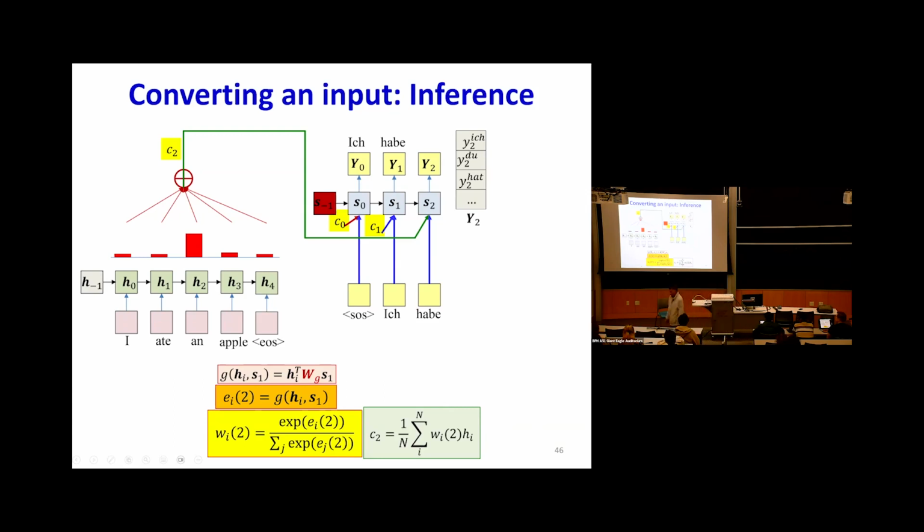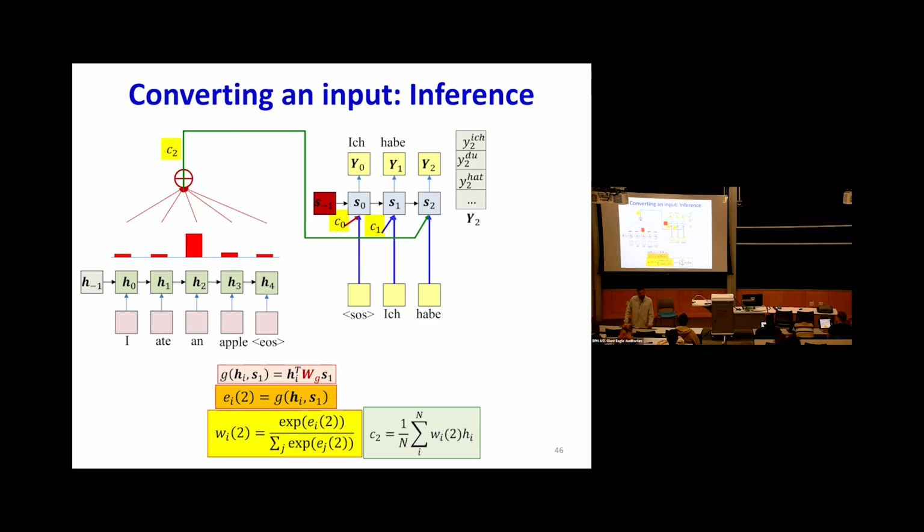And so the function G between any h_i and s_j is going to be h_i transpose W_G s_j, where W_G is the matrix which brings each vector down to the size of the other. That answer your question?